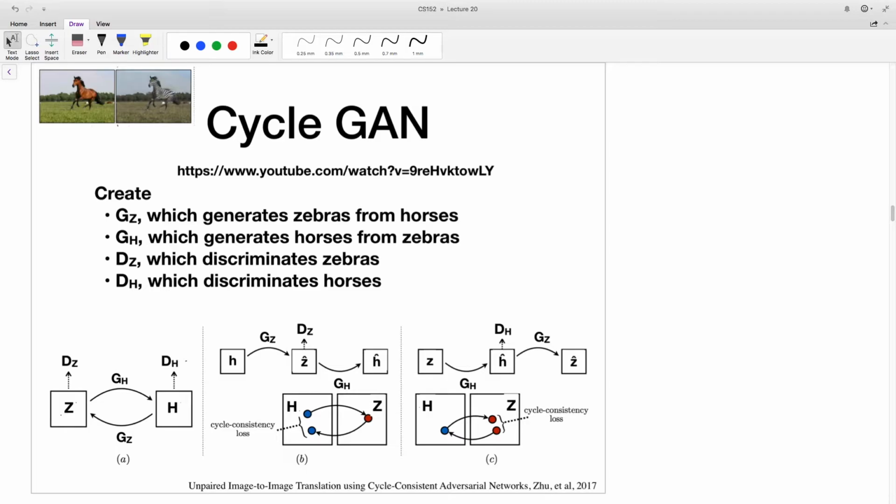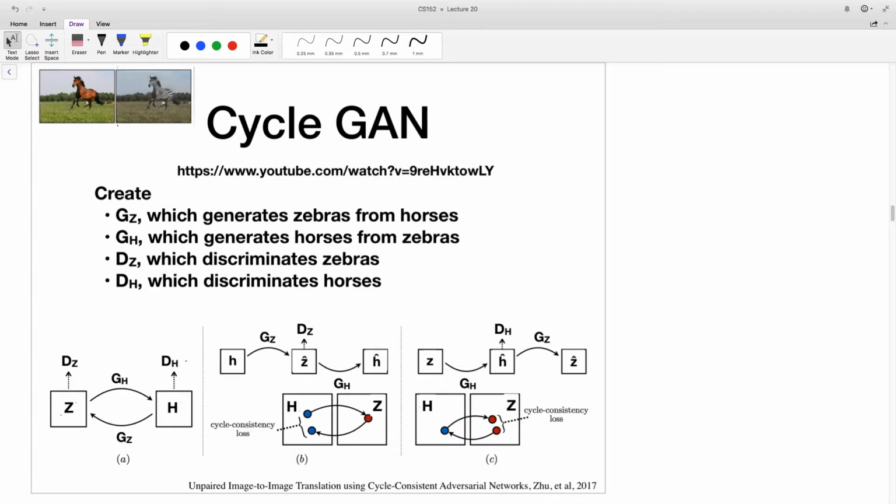So this is unlike the face case, where we were looking at autoencoding, it was actually just taking the masked face and doing its work, and you then took that adjusted face and pasted it into the result. Here it's going to take an entire image and keep the background all the same, and just turn horses to zebras or vice versa. And then we have a horse discriminator and a zebra discriminator.